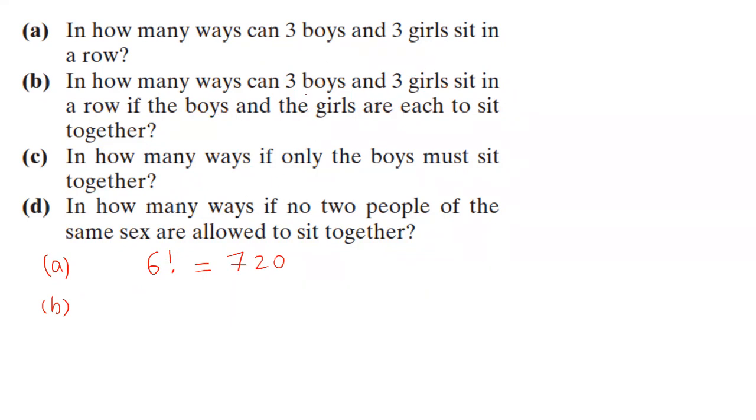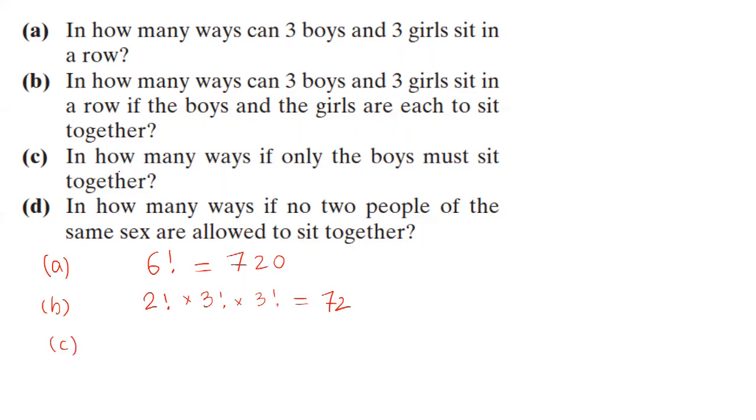But first of all, we need to decide which gender is in front. So for the 2 genders, a full permutation is 2 factorial, times the full permutation on the 3 boys, and then the full permutation on the 3 girls. So this is the total number of ways, which is 72.